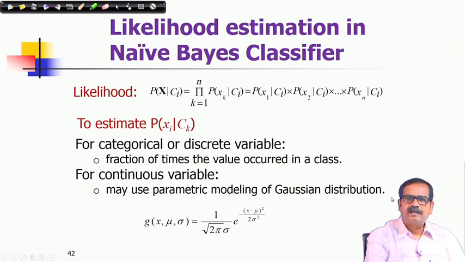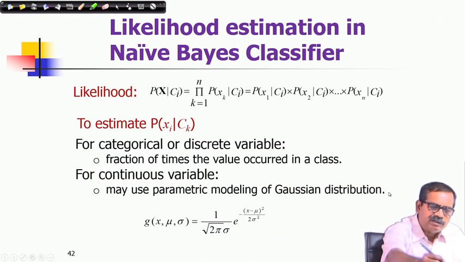Here this is just elaborating how parametric modeling of Gaussian distribution could be done in the one dimensional feature space. So, this is the probability density function of a one dimensional random variable x which follows a Gaussian distribution, and you can see there are two parameters here.